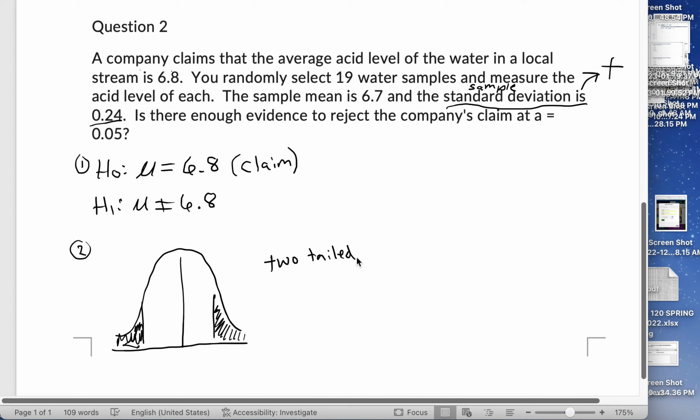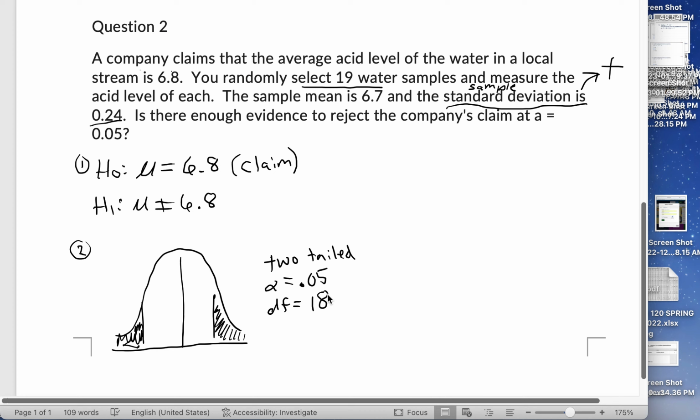What else do I know? I know that my alpha value is 0.05. They gave me that in the problem. And then my DF is going to be 1 less than my sample size. So I selected 19 water samples, so my DF is going to be 18. I'm going to take that information and go to the table and look up the value.